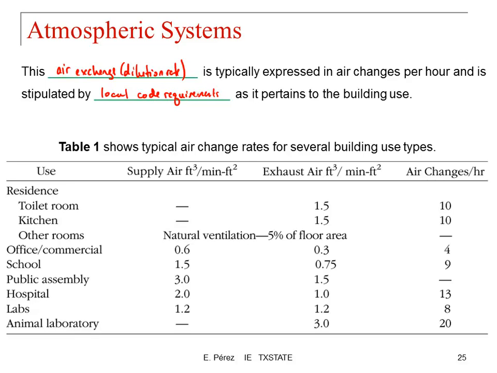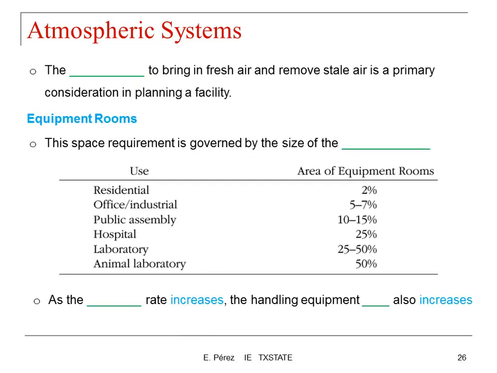So the equipment to bring in fresh air and remove stale air is primarily a consideration in planning a facility. And in order to plan for these systems, most of the time this is going to occupy a big area of your facility.